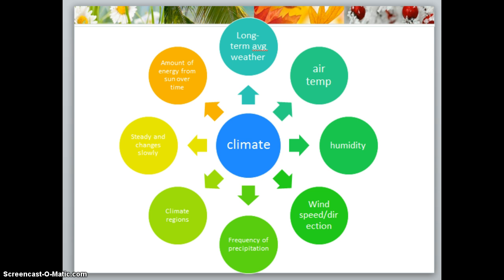And the amount of energy that we get from the sun over time will change or influence climate. And that's really the difference between weather and climate. Weather is something that occurs on a daily basis. Climate looks at the average air temperature, humidity, and so on over a long period of time.